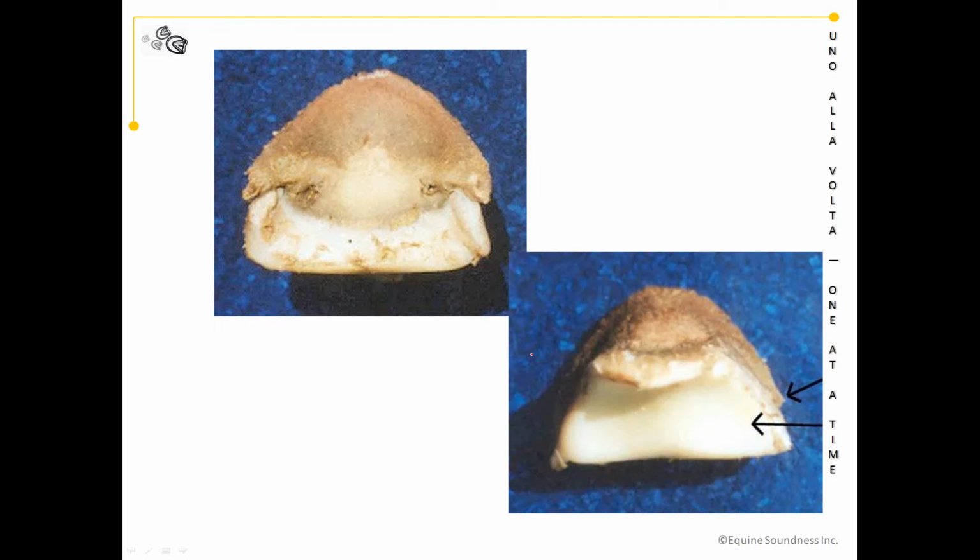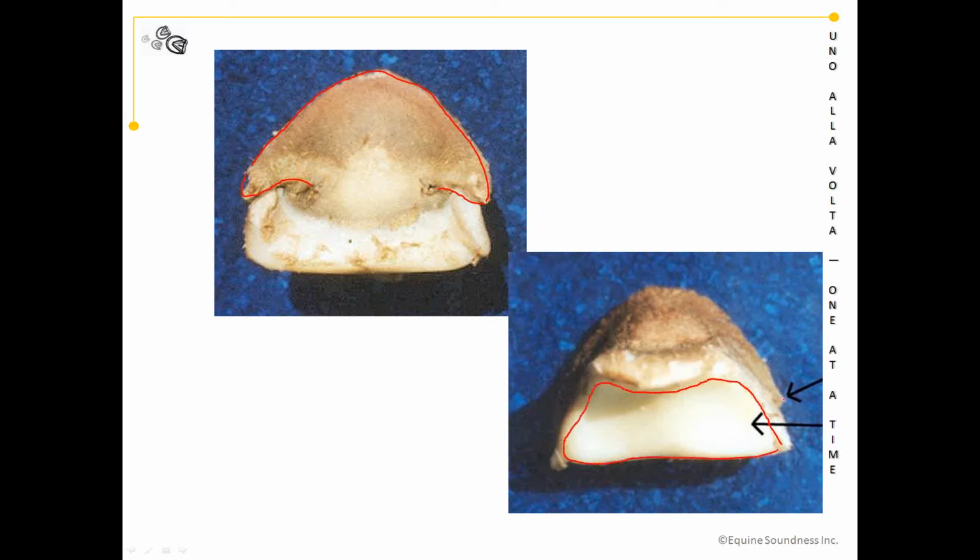So here we have another specimen of foal coffin bone. This is from the sole view. Very tiny little palmar processes, probably a hind foot, because I'm just deducting this from the shape, and very large surface to the short pastern bone.